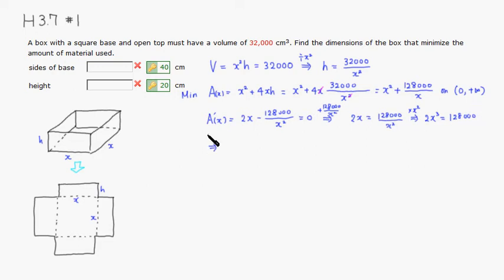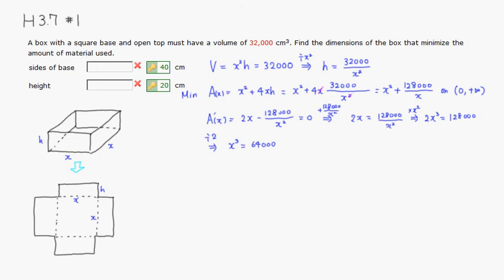Then divide through by 2, so you get x cubed is equal to 64,000.